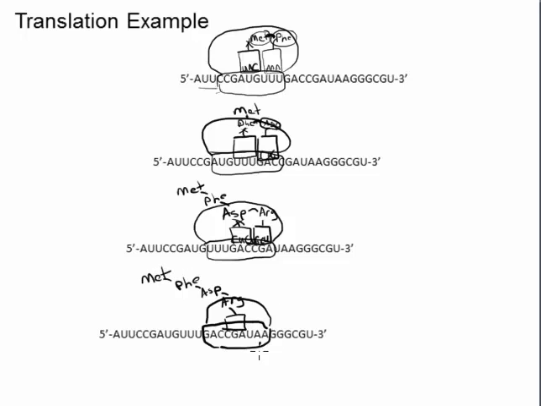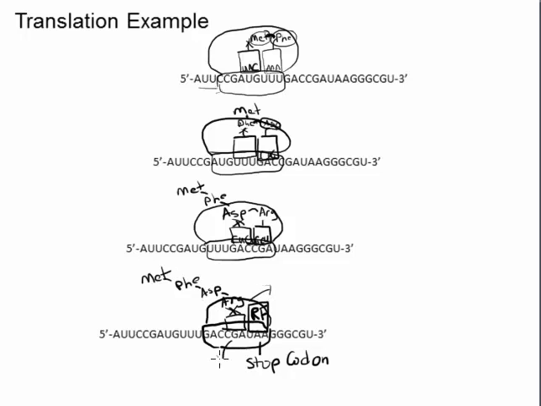We now have a stop codon that has entered the A site. And as we talked about before, there's no tRNA that binds to stop codons. Instead, what we see coming in is the release factor, which stimulates the release of the polypeptide. So now our little polypeptide that's been assembled is free to leave the ribosome.